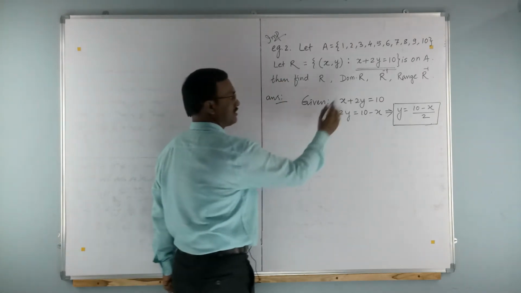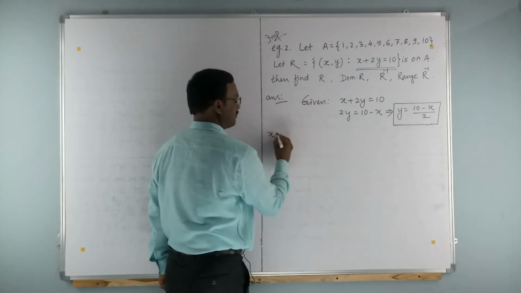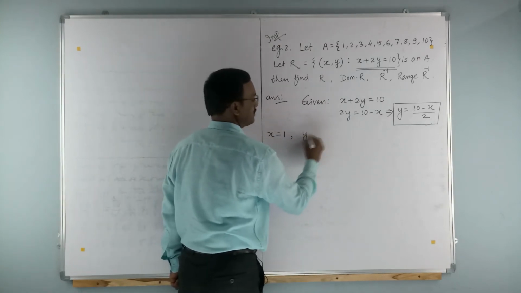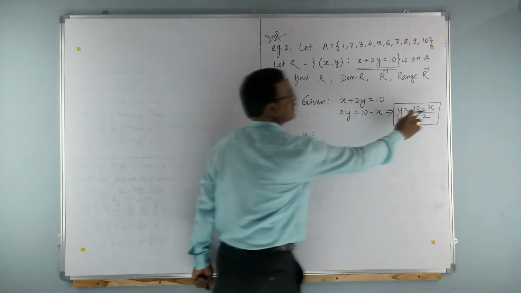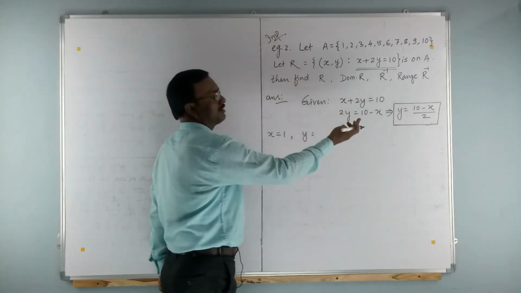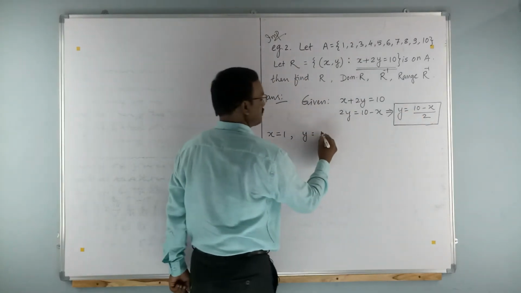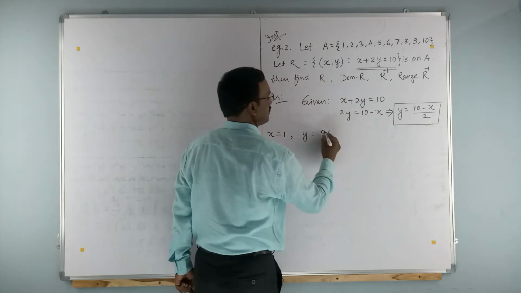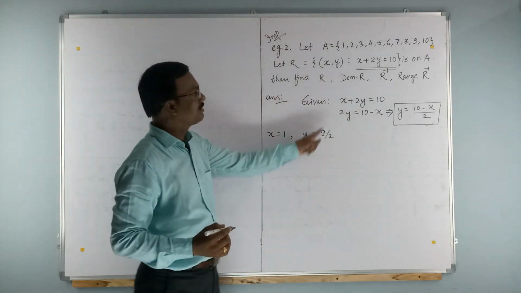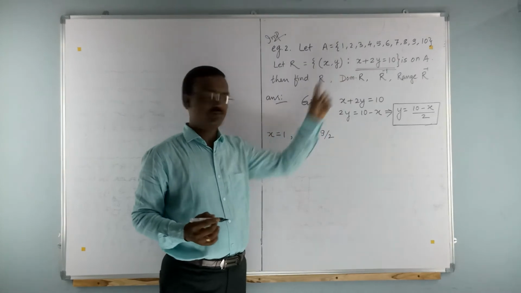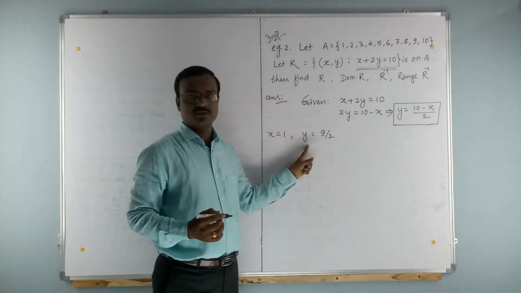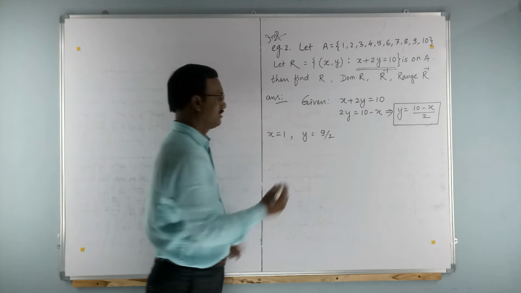So let us do it one by one. When x is 1, what is y equal to? Put x equal to 1 here. So 10 minus 1, 9 by 2. So y is 9 by 2. But see that 9 by 2 is not from the set A. That means y cannot be the second component of the relation.